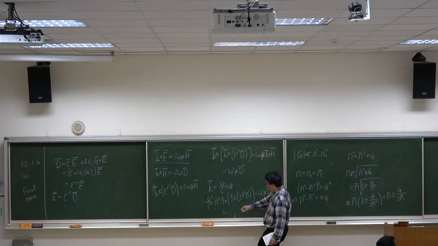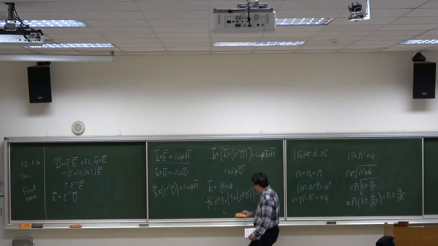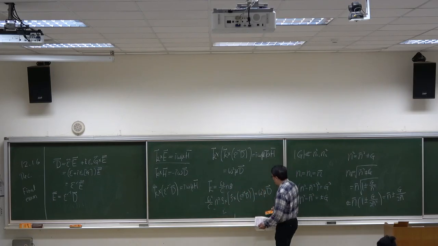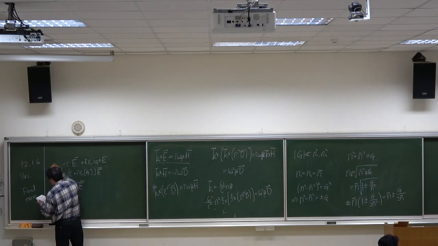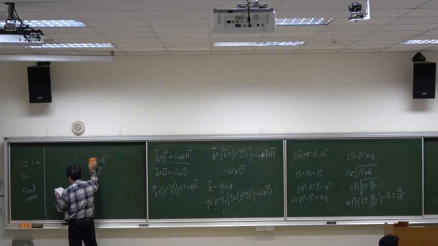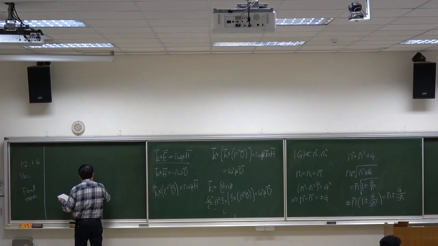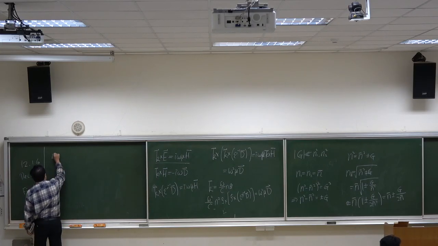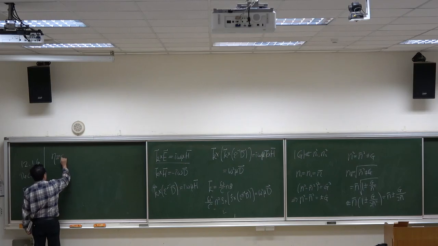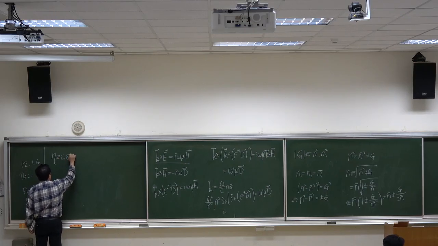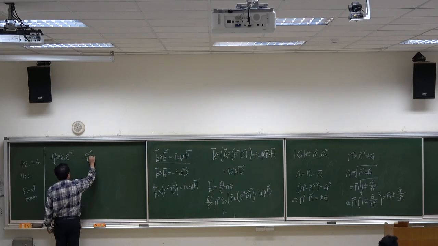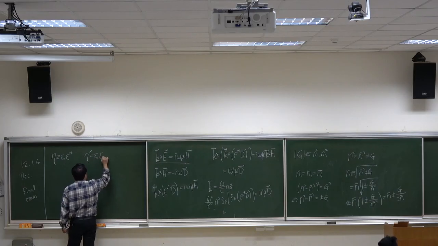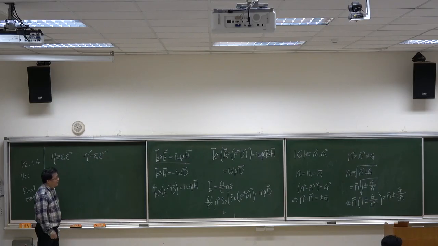And now we compare the left-hand side and right-hand side. We see that if we multiply, we define eta as epsilon 0 times epsilon inverse. And we define eta prime as epsilon 0 times epsilon prime inverse. Okay?